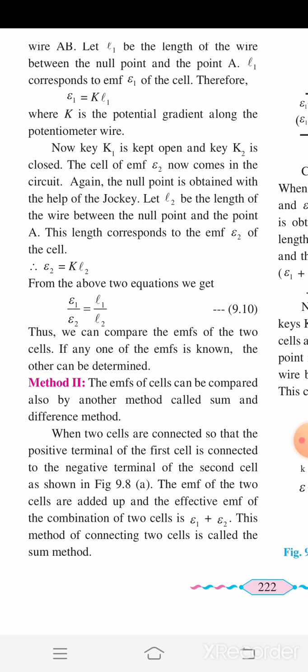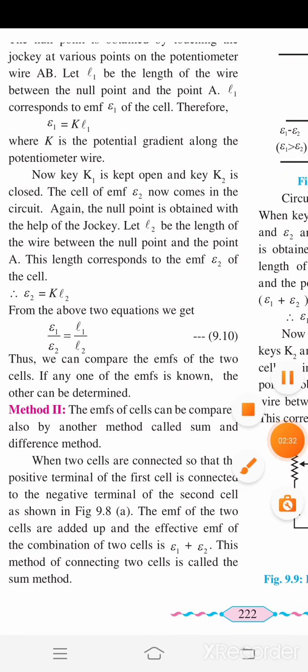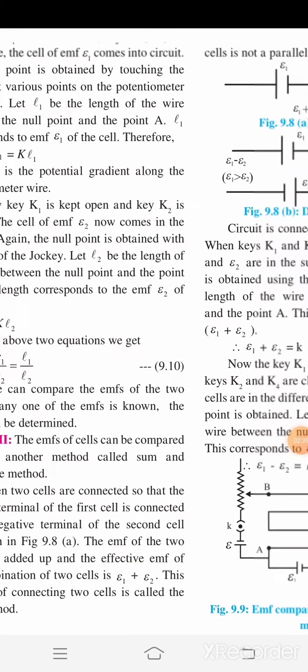When two cells are connected so that the positive terminal of the first cell is connected to the negative terminal of the second cell, as shown in figure 9.8a, the EMFs of the two cells are added, and the effective EMF is E1 plus E2. This method of connecting two cells is called the sum method.